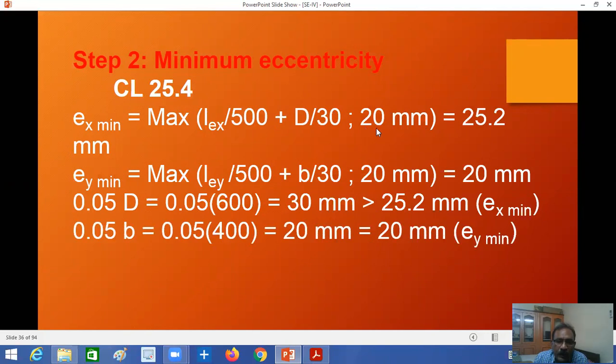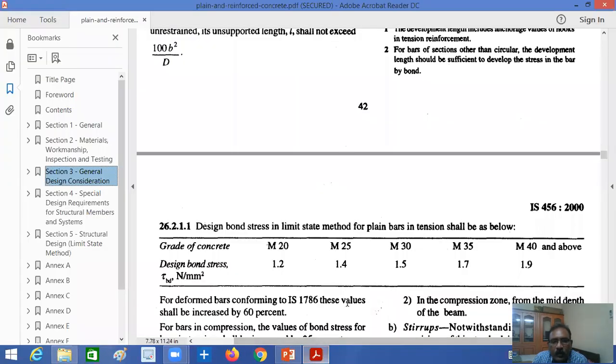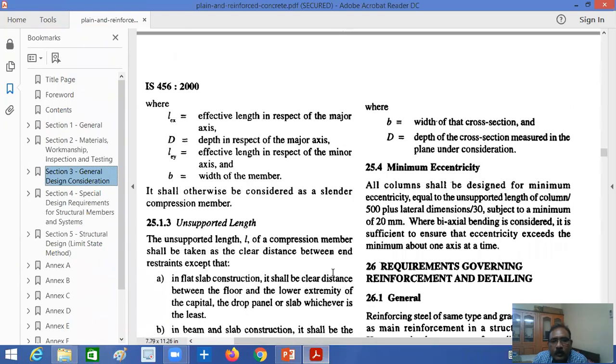And you have to check this for 0.05 D. D is your 600, so 0.05 into D is 30 mm, which is greater than the minimum eccentricity of 25. This is given in Clause 25.4, minimum eccentricity.